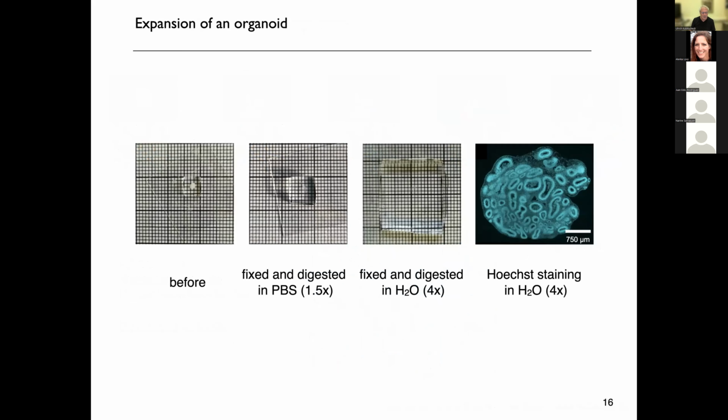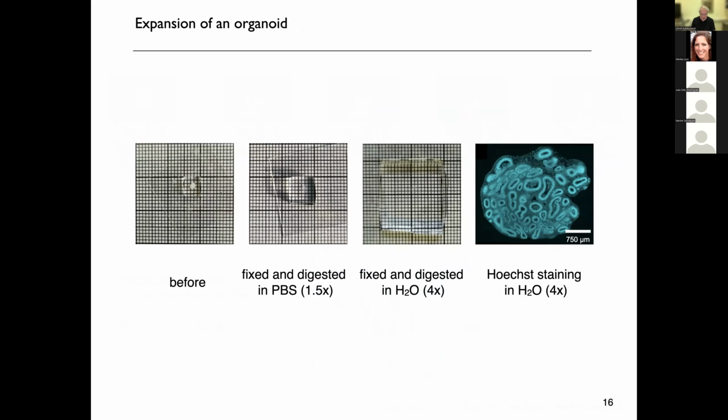So here, on the left-hand side, you see an organoid sample, which is about 2 millimeters in diameter, and it is already placed inside the gel.